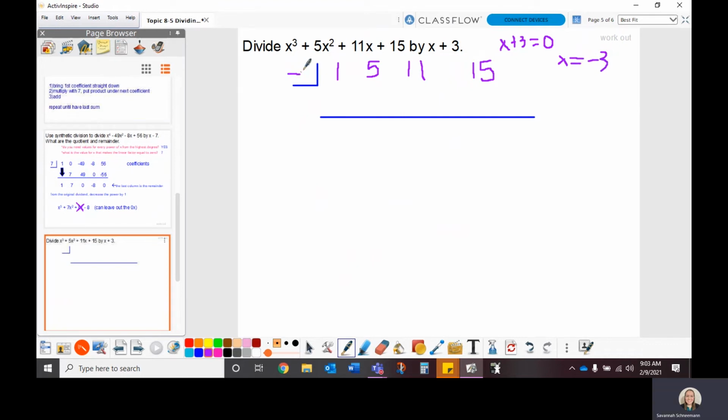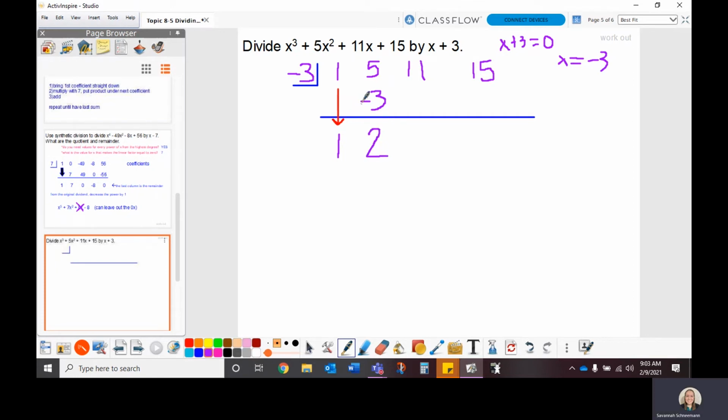So I put a -3 up here in this little box. So remember, we take that 1, we're going to move him straight down. We're just going to put a 1 right there. So 1 times -3, that is going to be -3. We're then going to take the sum of these two, so 5 plus -3 is going to be 2.